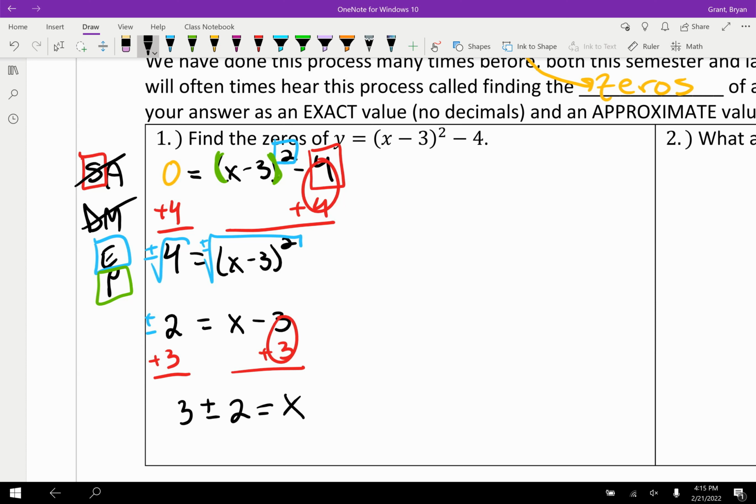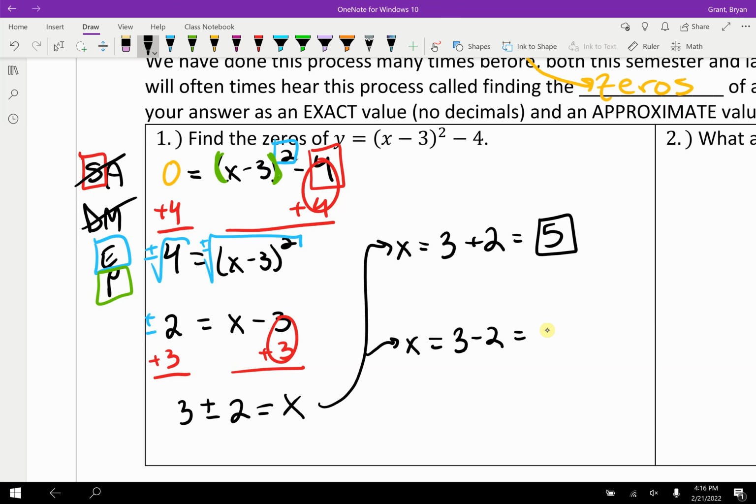And we discussed a bit last class, and hopefully you've practiced in the meantime, that to see our 2 answers, it's quite often easiest to make 2 equations here, where one is 3 plus that 2, to get 5, and the other is 3 with the -2 to get 1.